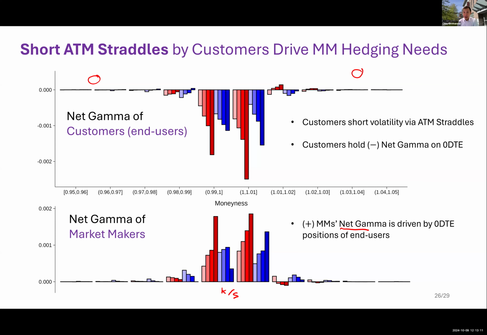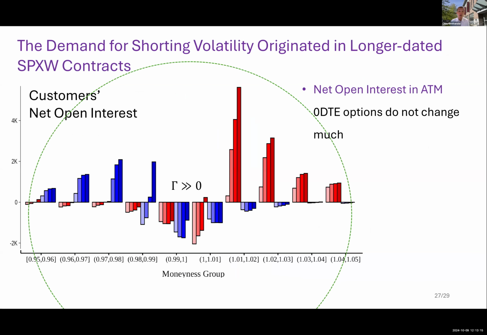So now let's get back to the question that Christian asked: how do you know it's coming all from pre-existing longer dated options? So this is going back to customer net open interest, what they are holding on the day of expiration. And we're going to zoom in exactly right there at the money shorting volatility.